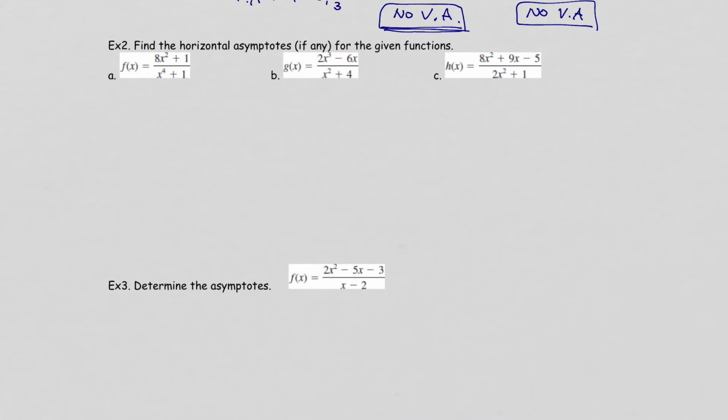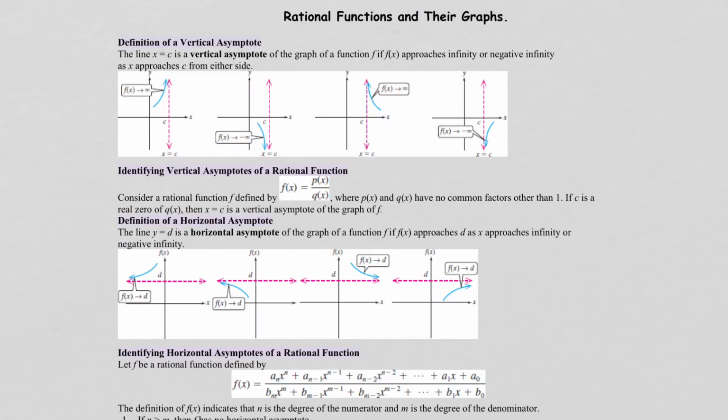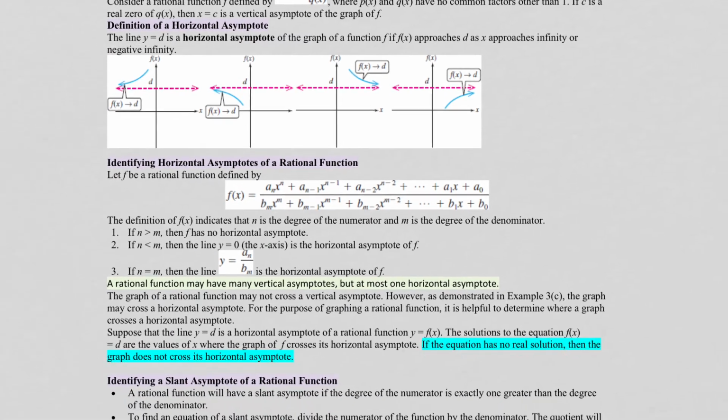Now we're going to look at how to find the horizontal asymptote this time. In order to find the horizontal asymptote, we're going to use the first term. So when we go back and look at the standard form of rational functions, your first term is a sub n times x to the nth exponent over b sub m times x to the mth exponent.